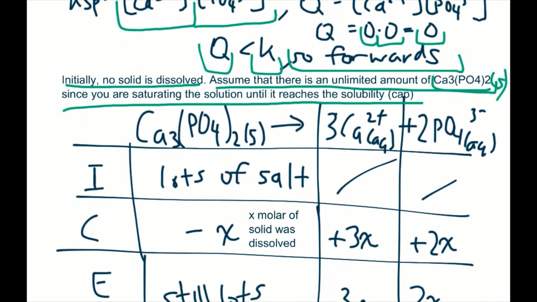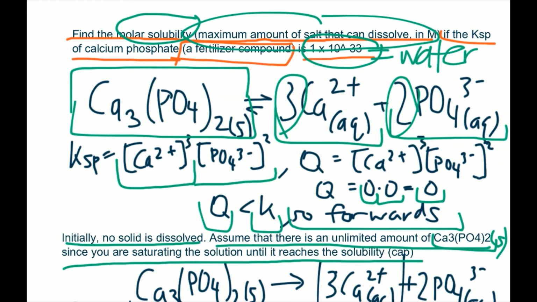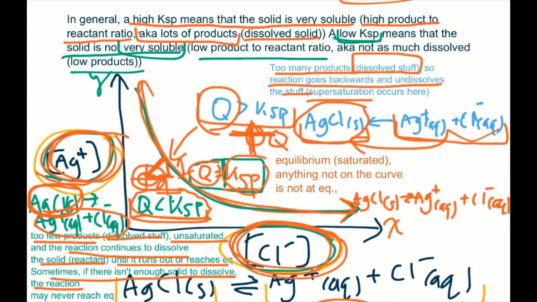So you want to max it out to the point where it reaches equilibrium, because remember, at equilibrium, that's when the solution is considered to be saturated, or when there's a maximum amount of salt that is dissolved. So let me remind you again that everything that's on this curve will be at equilibrium, or in other words, the maximum amount of ions is dissolved at equilibrium.